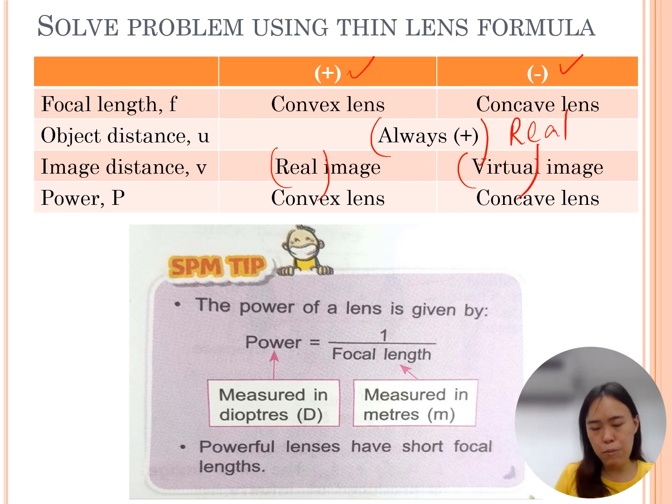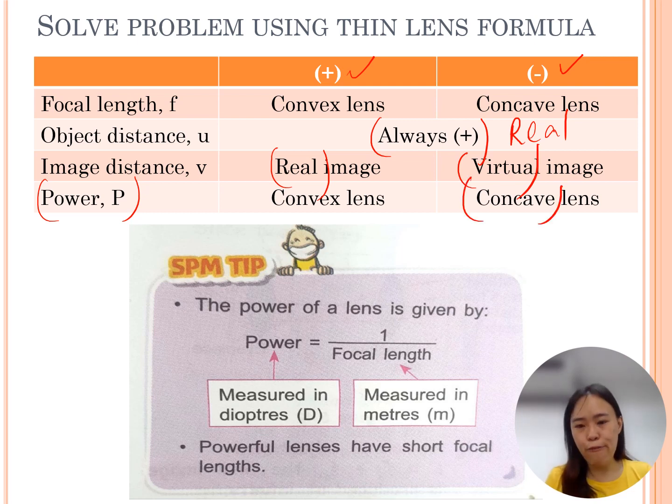Once you get a real image, you know it is real and inverted. Also power: a convex lens has positive power, and a concave lens has negative power.